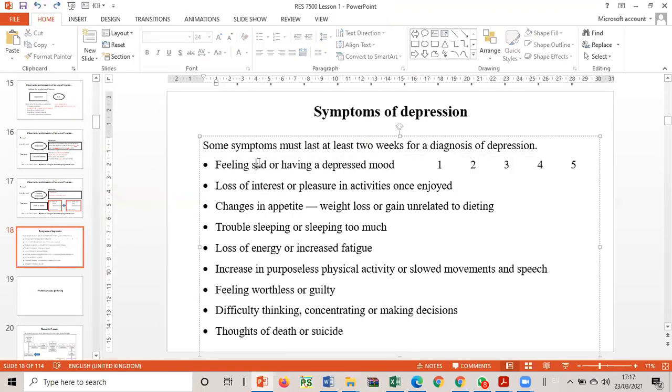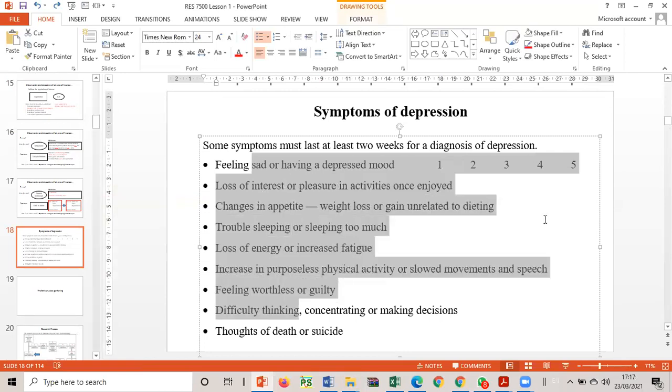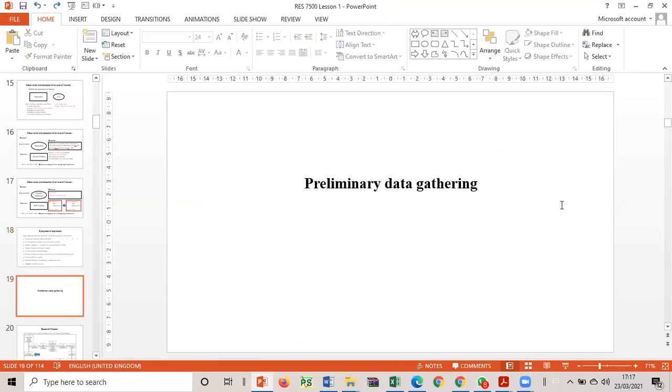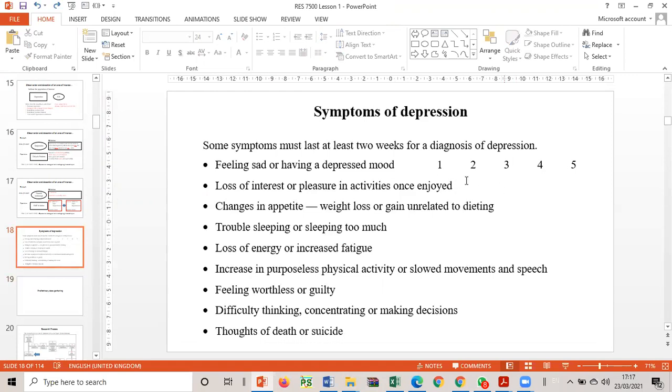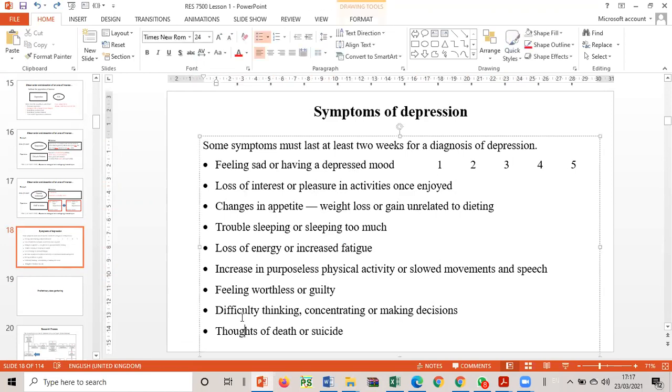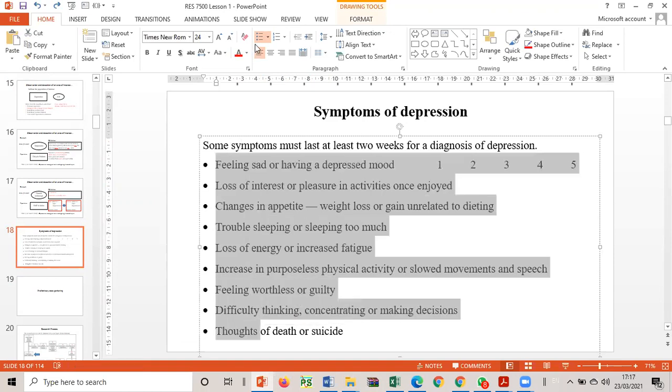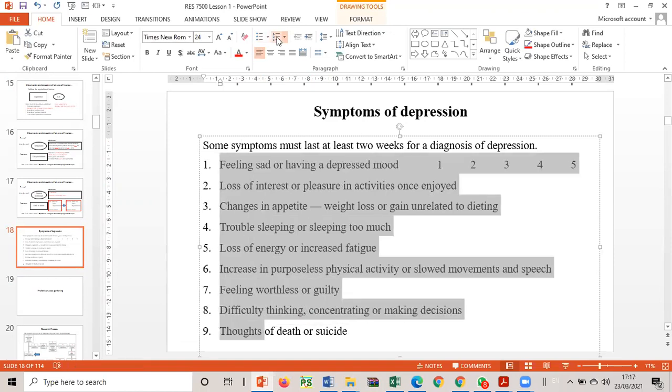Even these items alone, how many items are there? About 10 items. If I prepare a questionnaire, 1, 2, 3, 4, 5, based on this I can assess, right? How many items are here? Nine items.